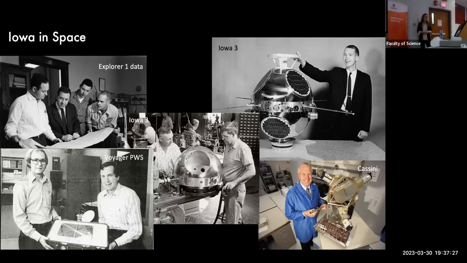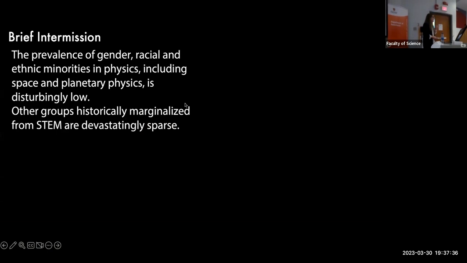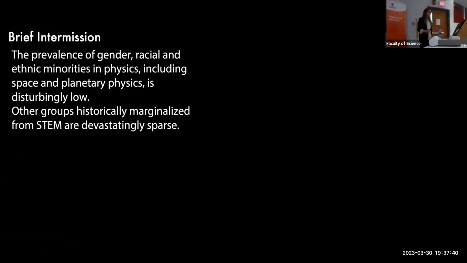So I wanted to take a brief intermission at this point in the talk and talk about something that's really important to me. And this is that the prevalence of gender, racial, and ethnic minorities in physics, which includes space physics and planetary physics, is disturbingly low. And other groups that are historically marginalized from STEM are also devastatingly sparse.